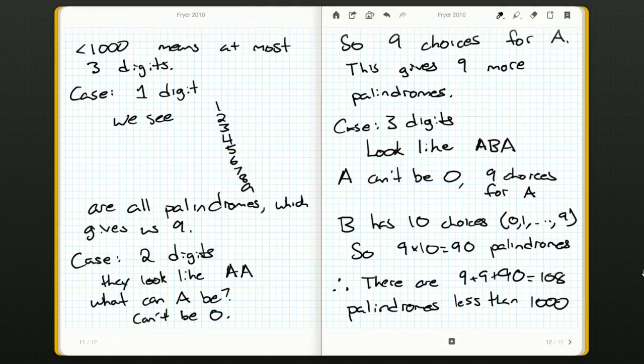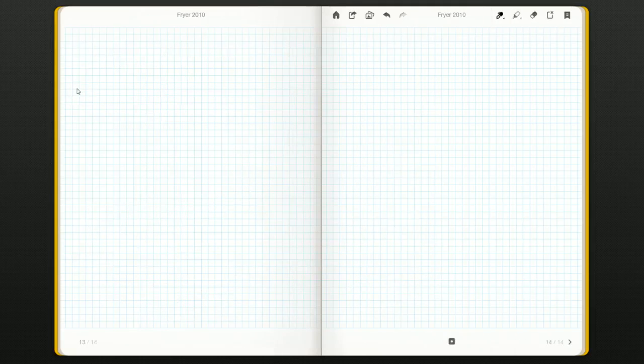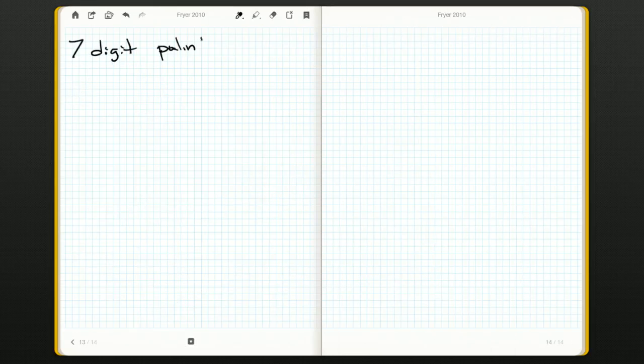So that's 7 digits. And I have A, B, C, D, C, B, A. That's what a 7-digit palindrome is going to look like.